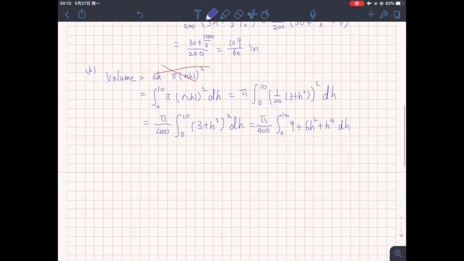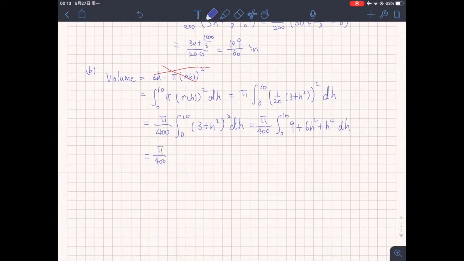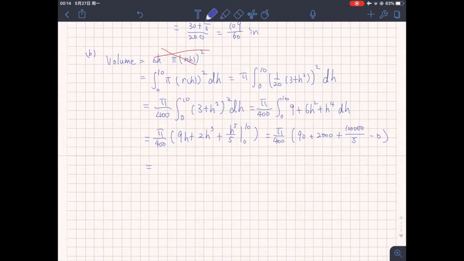Our next step is to integrate the formula in the integral, and then we get pi over 400 times (9h plus 2h cubed plus h to the fifth over 5), and then we plug in the numbers 10 and 0, with the value plugged in at 10 subtracted by the value plugged in at 0, and then we can get our final answer of the volume, which is 2209 pi over 40 cubic inches.